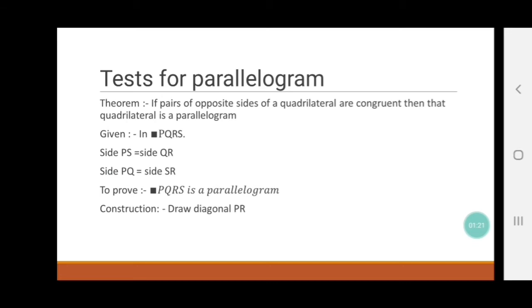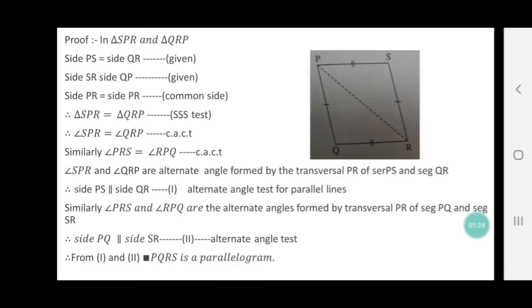So the next slide, what is given, we will go with that, right? So we have drawn PR as the diagonal. So the given figure is divided into two triangles, okay, triangle PQR and triangle PSR. In this triangle, PS is equal to QR and SR is equal to PQ.